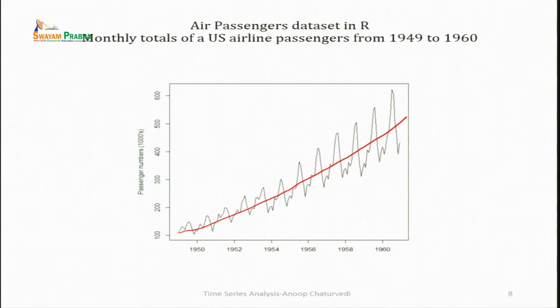So, suppose this is the trend line, and around the trend line you observe periodicity, and the period of that periodicity is less than 1 year. I will again come to this point later on. So, that is why this periodicity is caused by some seasonal factors.